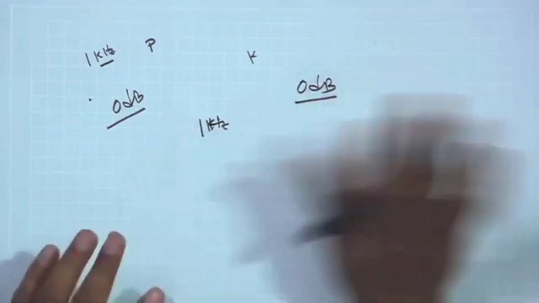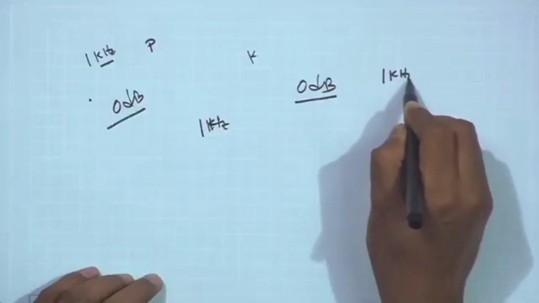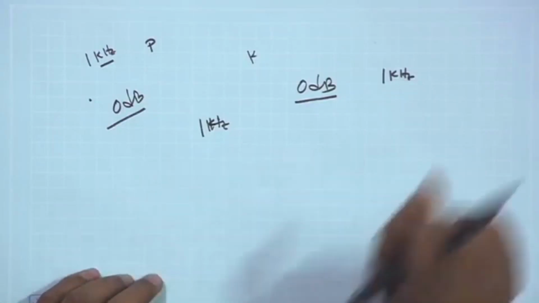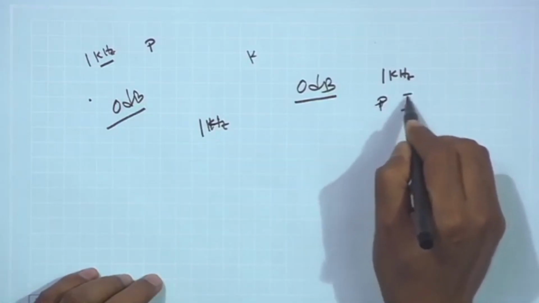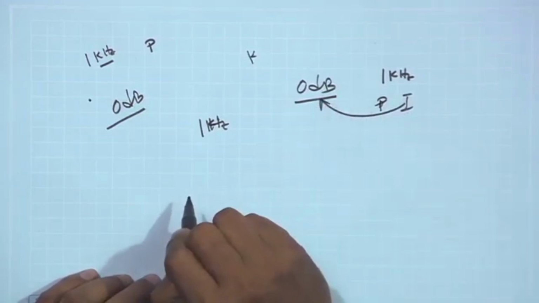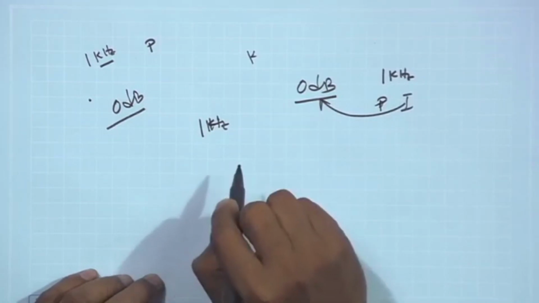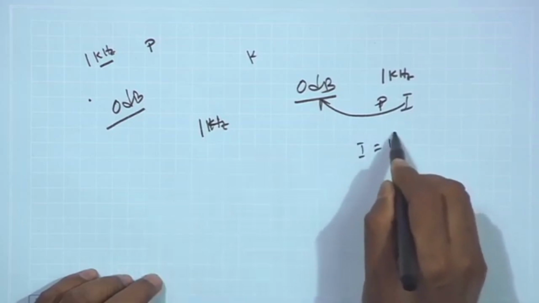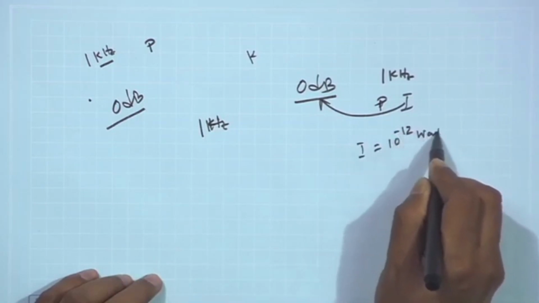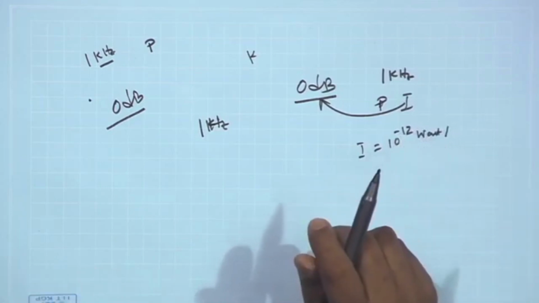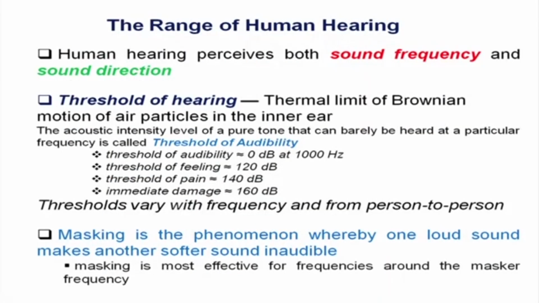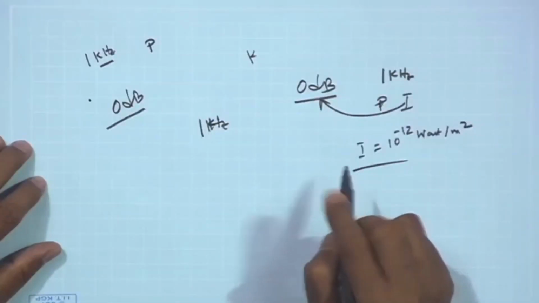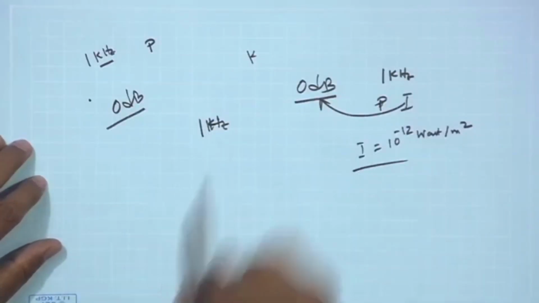It is not defined for all frequencies. 0 dB means I take a 1 kilohertz monotone signal and find the intensity I which just creates a sensation in a human being; that I call 0 dB. That I is 10 to the power minus 12 watt per meter square. Okay. So, this is the threshold of hearing, defined by 0 dB. So, what is dB?